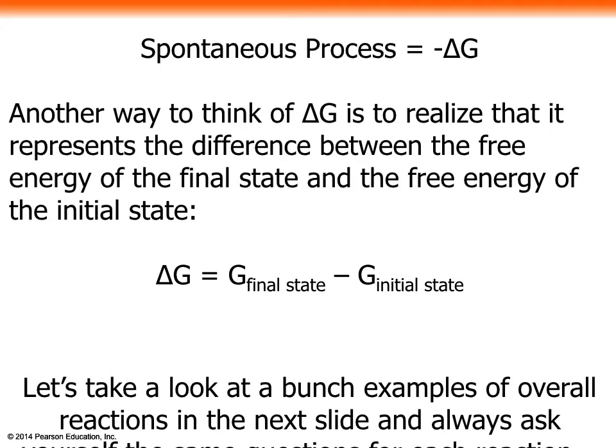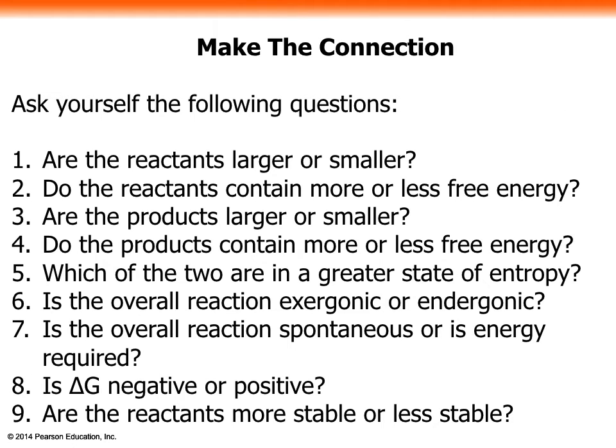The final state would have a very small G, very little energy, whereas the initial state, the person at the very top of the diving board, would have a much greater amount of free energy. If you put a negative in the middle, a very small number minus a large number gives you negative delta G. That's the same thing as being a spontaneous process, jumping from the top of the diving board down into the bottom of the lake. I hope that makes sense.